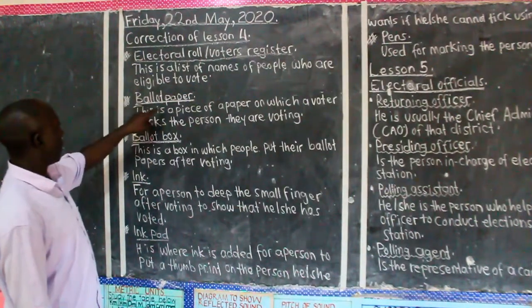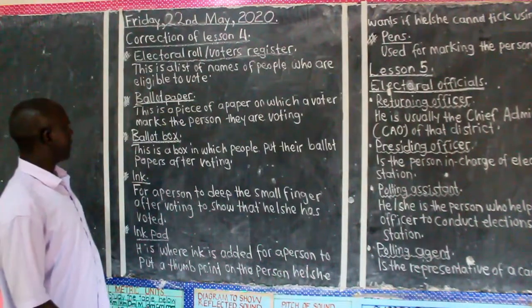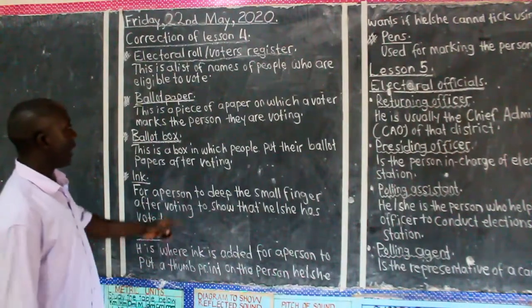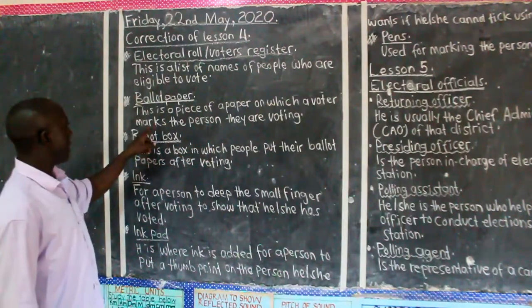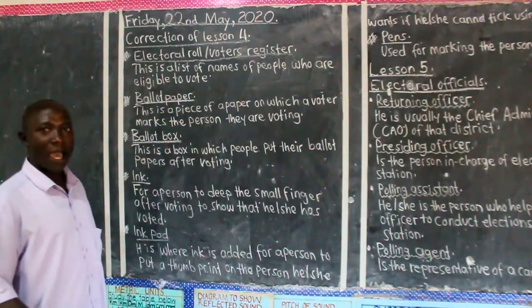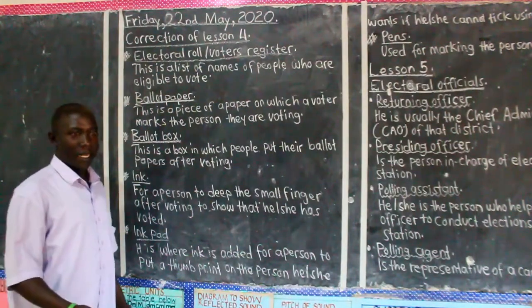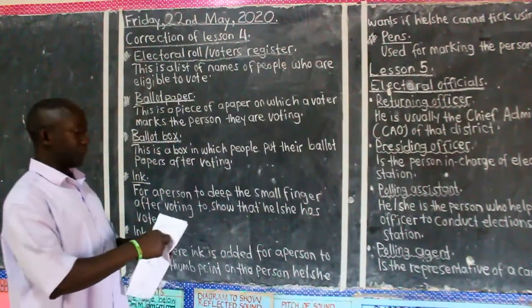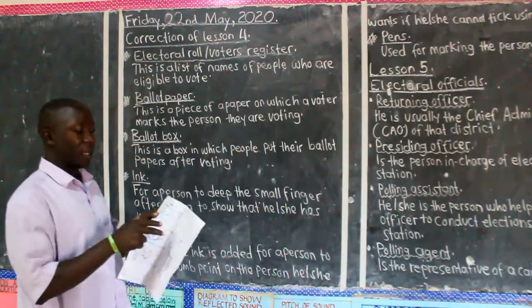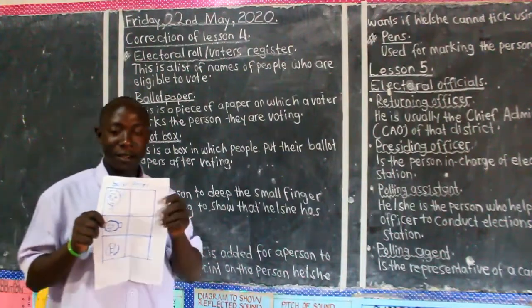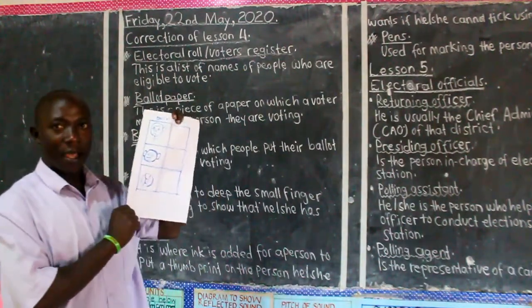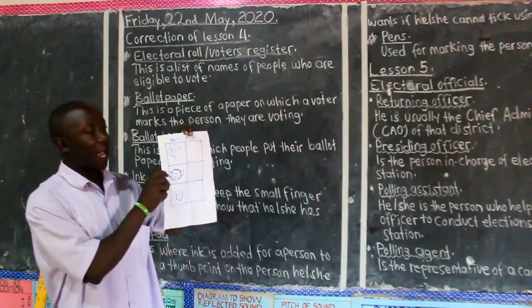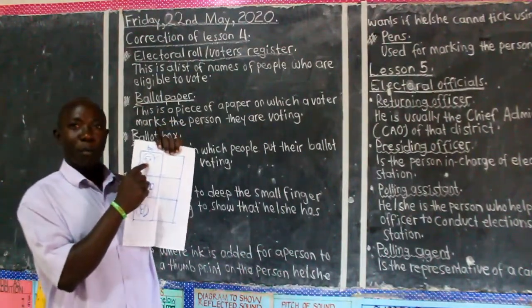So, ballot paper. This is a piece of paper on which a voter marks the person they are voting for. It's a piece of paper, just like this one we are seeing. Let us assume this is a piece of paper having different people.